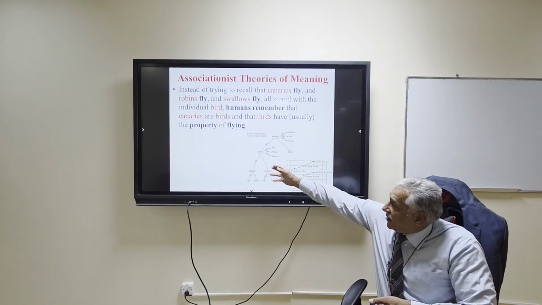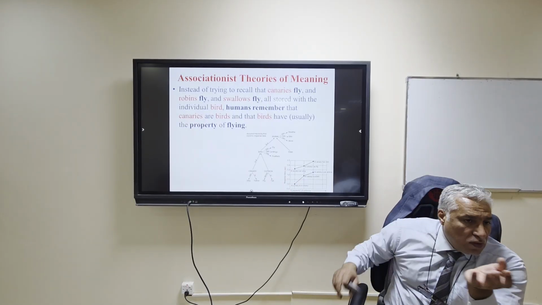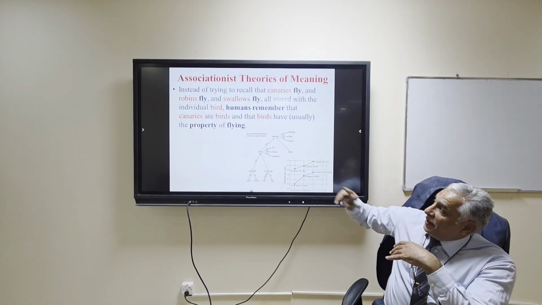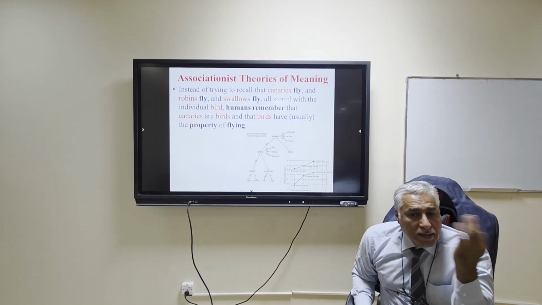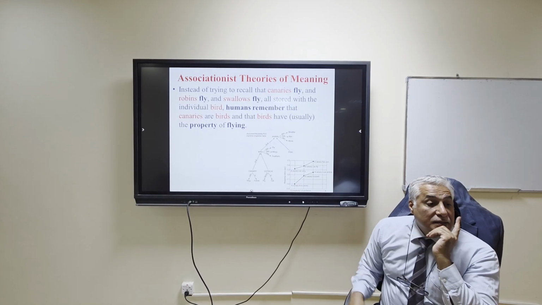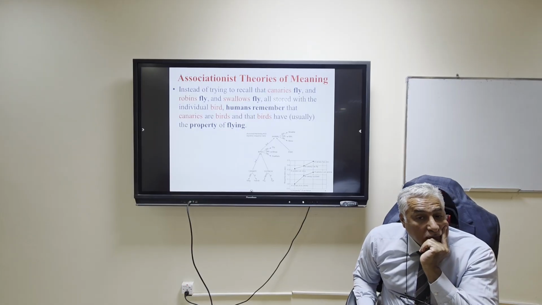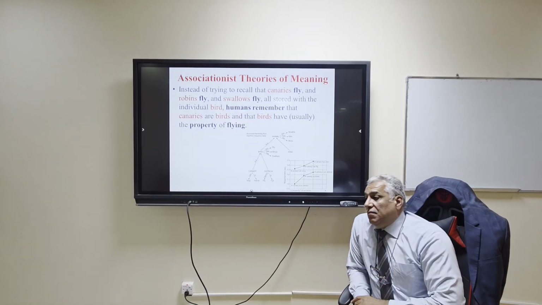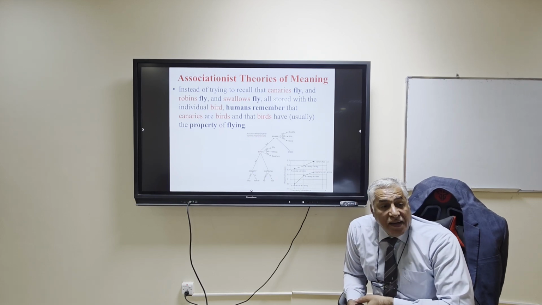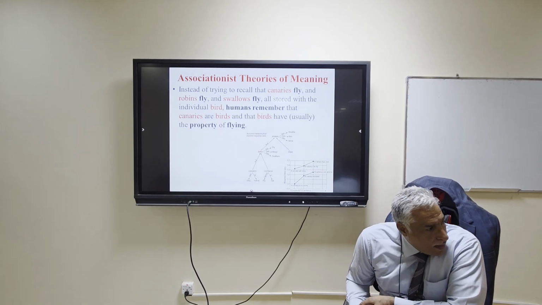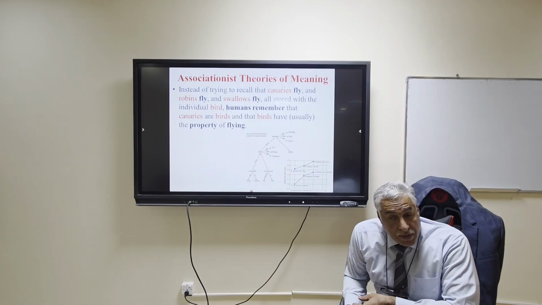For example, the object bird consists of the canary, the robins, the swallows, or the cardinal. All these are birds. This concept is named inheritance, and we will introduce the concept of inheritance.